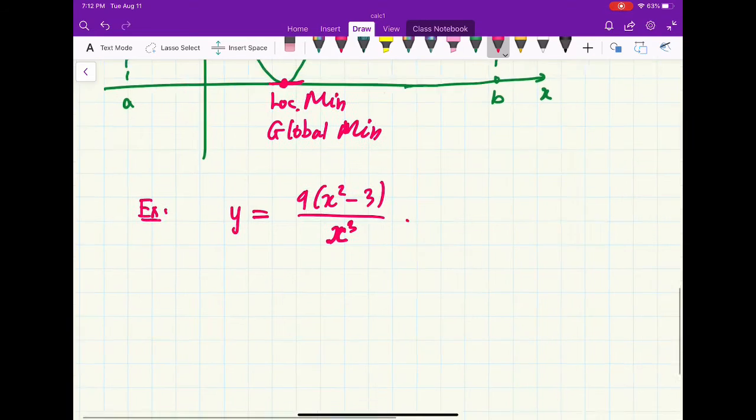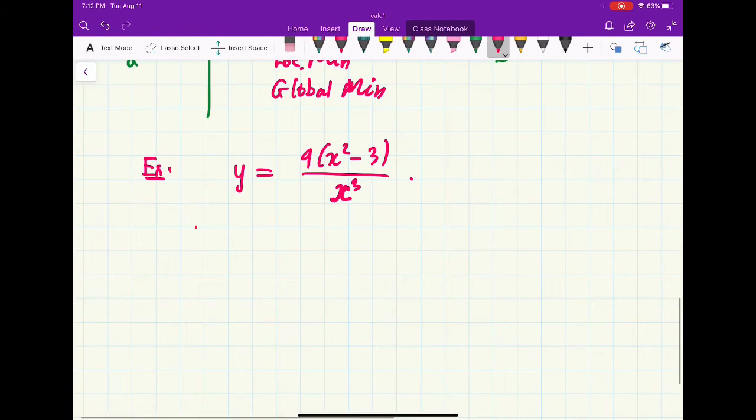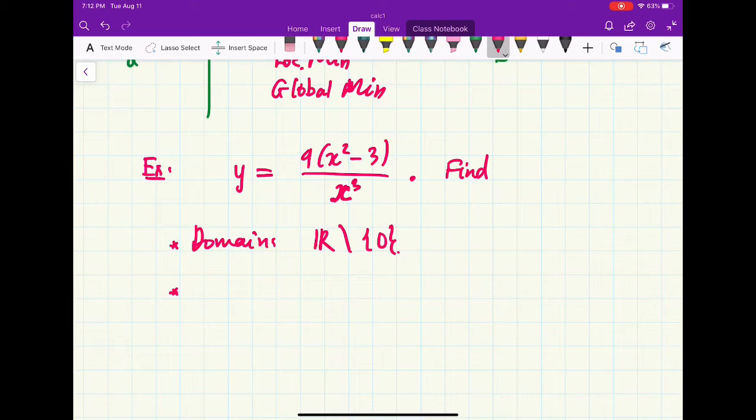So we see that the domain of this function is the whole number line except one point, which is 0. And now we need to find critical points of this function. Let me write here: find relative or sometimes local extrema.